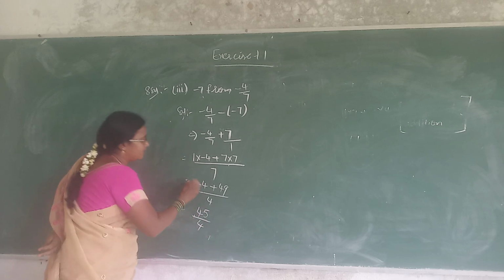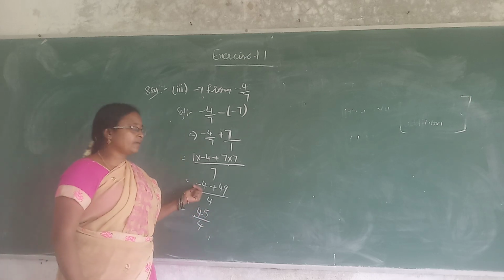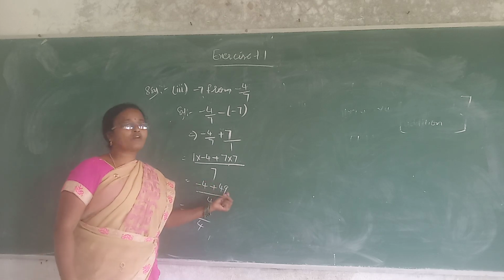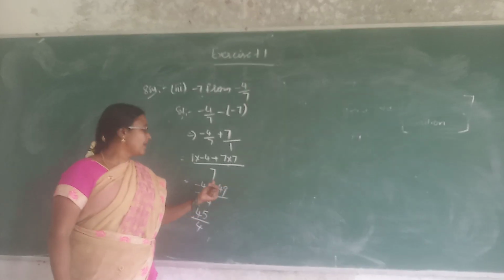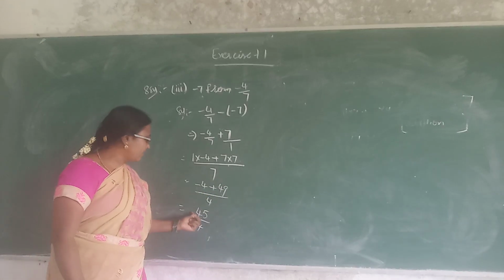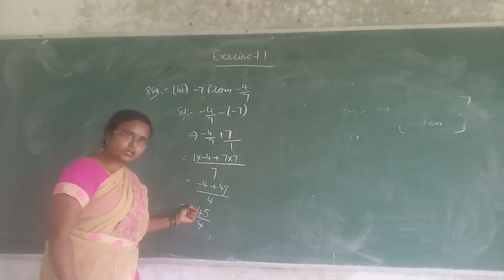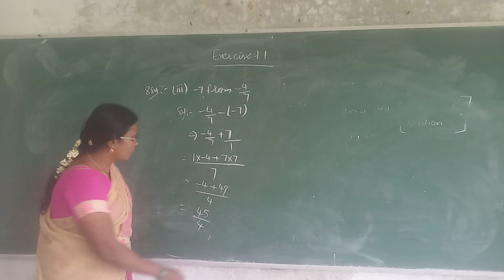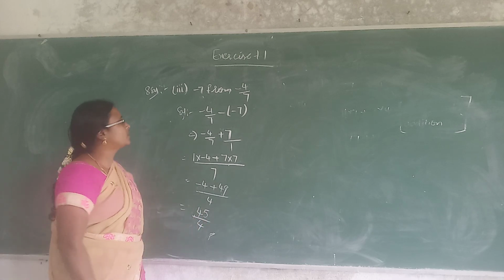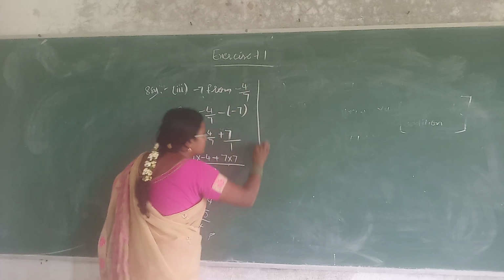So what symbol do we keep here, minus or plus? As the numbers are 4 and 49, 49 is the bigger number, and before it the symbol is plus. So it will have the plus itself, and there is no need to keep a sign here. It becomes 45 by 7, and both are co-primes and we cannot cancel here. Now the problem is finished.